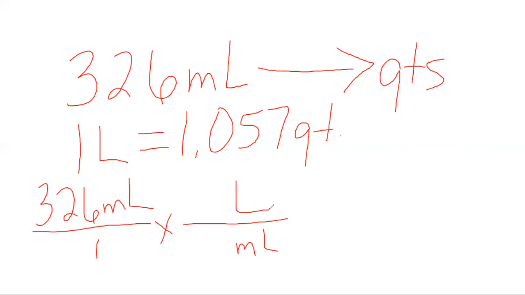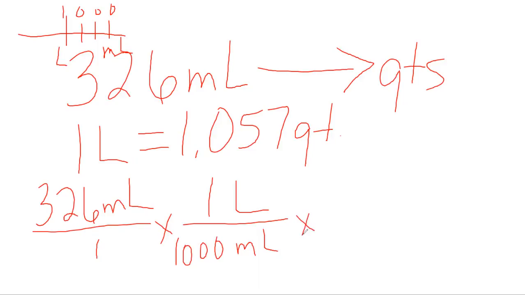Liters are bigger, so I have 1 liter over how many milliliters. Once again, we use our little line here. So we have liters, and the third tick is milliliters. So if I have 1 liter, I have 1,000 milliliters.